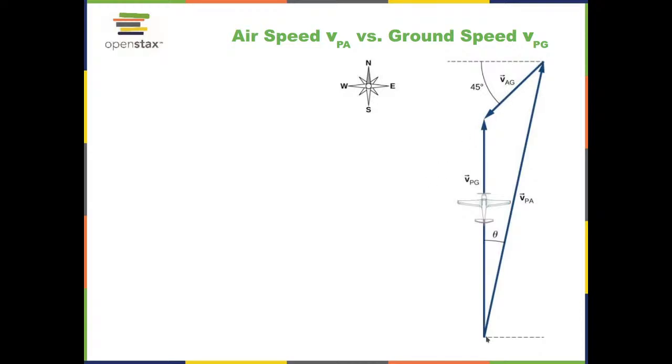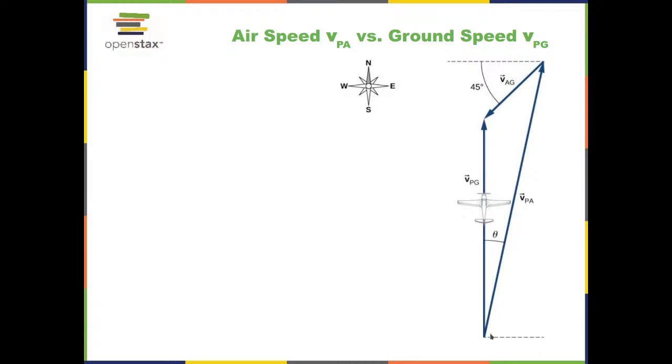So for the plane to fly perfectly in the direction north, when there is wind that is coming at 45 degrees south of west, it means that the plane's speed with respect to the air, which is really the direction that the plane is heading, and the direction in which it is facing, will be slightly different.